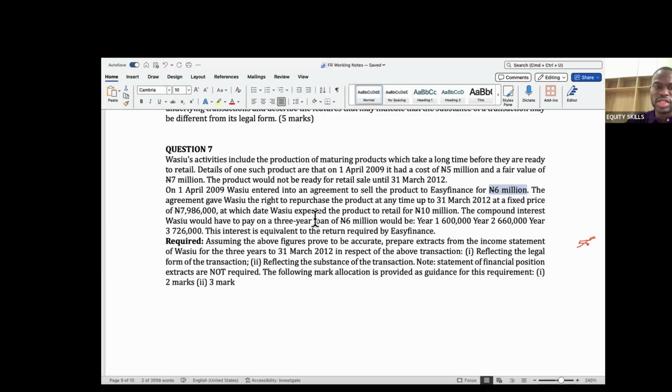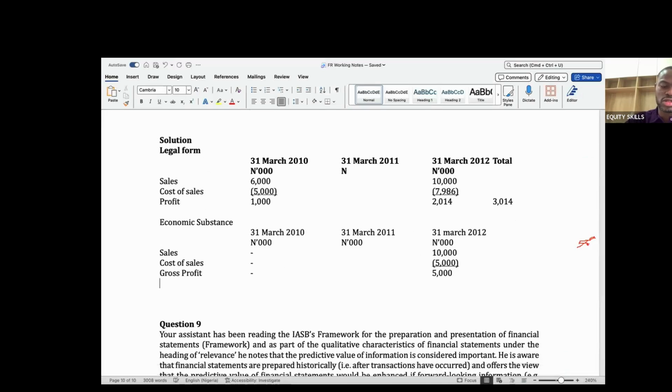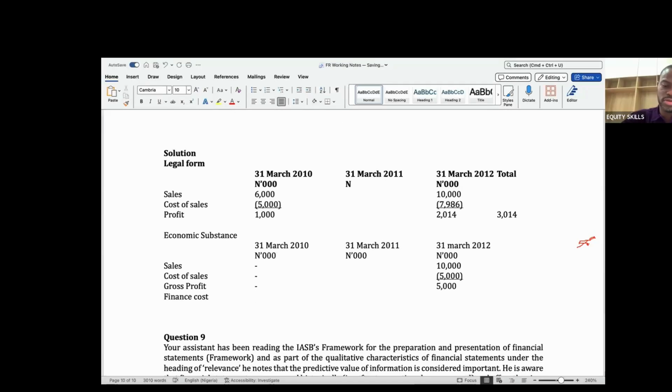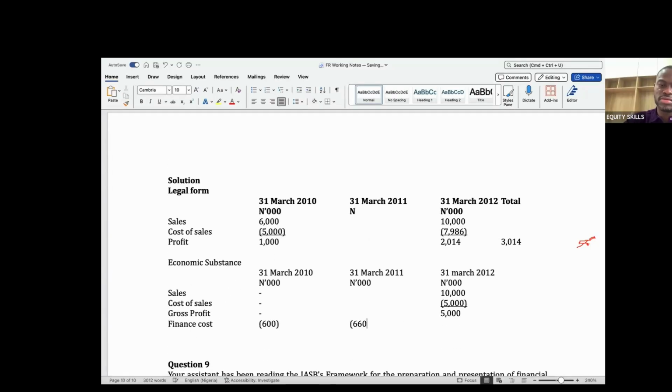And they told us that ordinarily, if he had taken a loan, these are the interest it pays in each of the years. So we need to recognize finance costs. In year 1, 600. In year 2, 660. In year 3, 726.